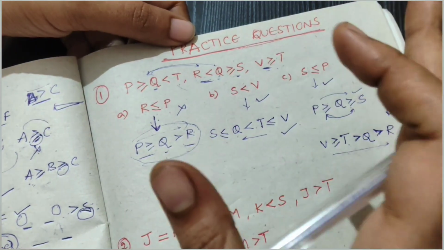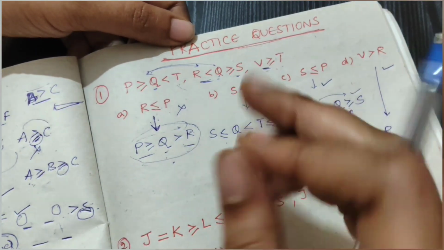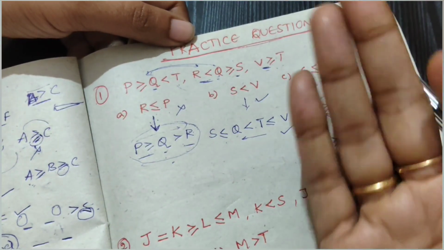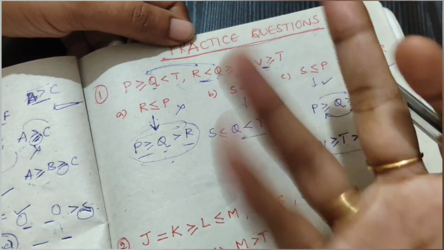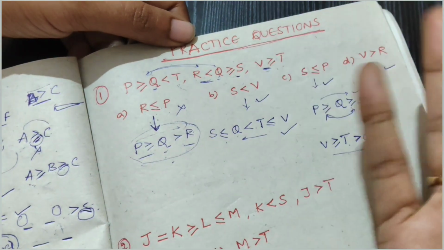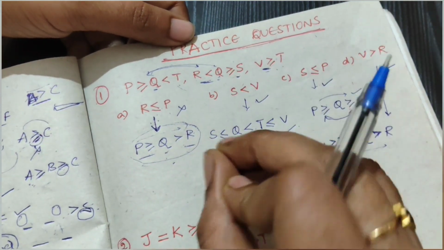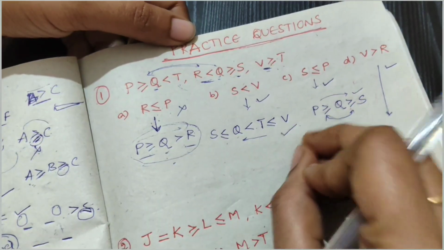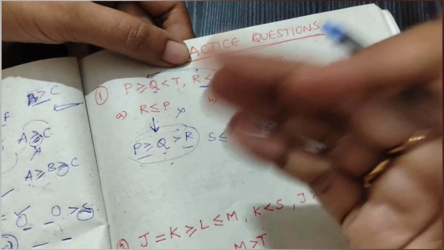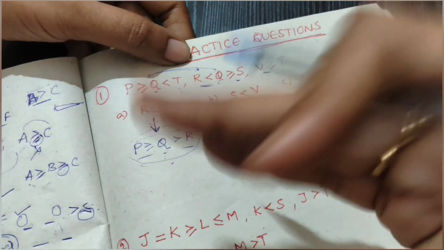With the increase in high cutoffs, I mean competition, accuracy is more important than speed. If you are attempting more questions but losing marks, meaning your accuracy is less, then speed doesn't matter, right? So in your practicing stage, first try to improve your accuracy, then try to improve the speed.